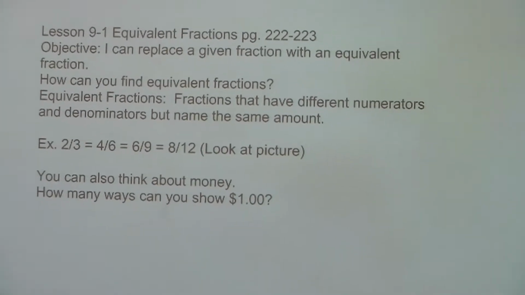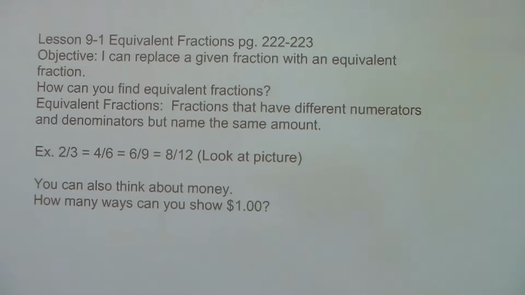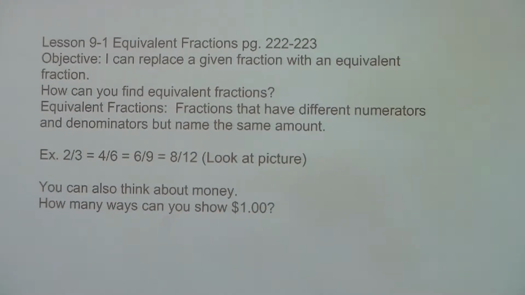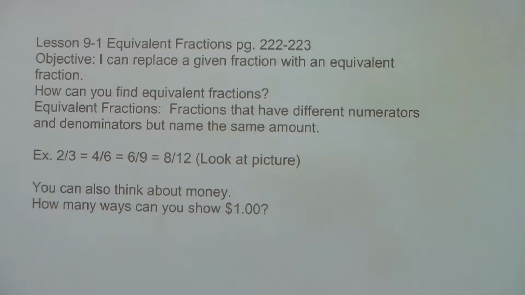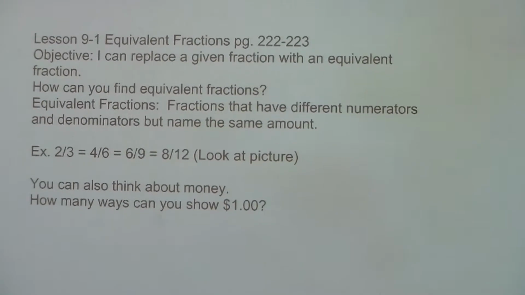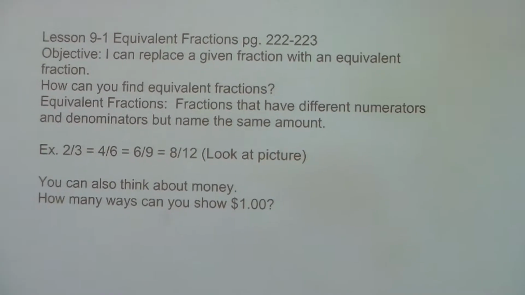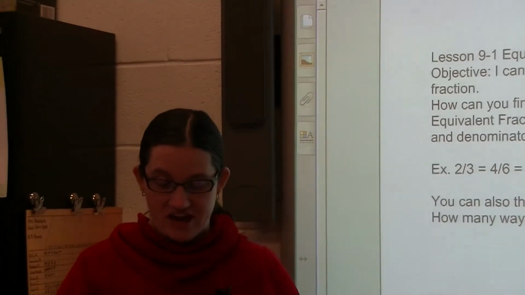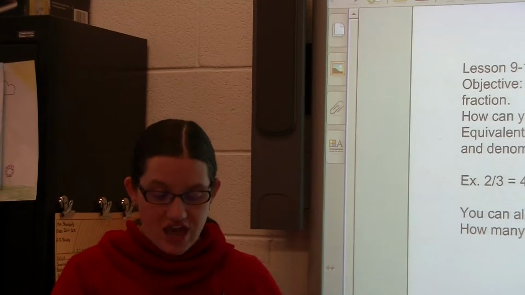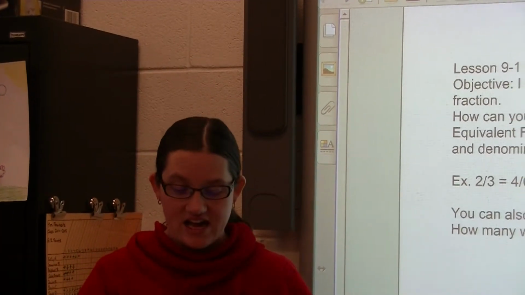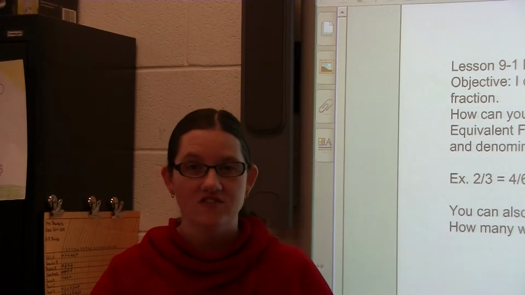You will see that 6/9 is represented by the blue pieces, and 8/12 is represented by the black pieces. You will see, even though they are different colors and different numerators and denominators, actually just denominators this time, you will see that they all, though, name the same amount. They all take up the same amount of space.